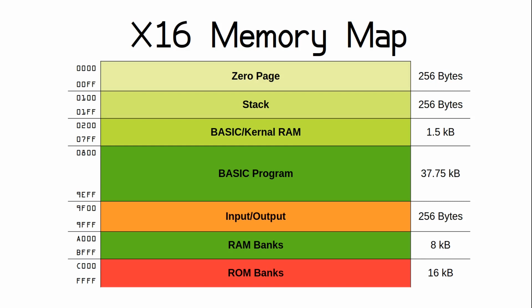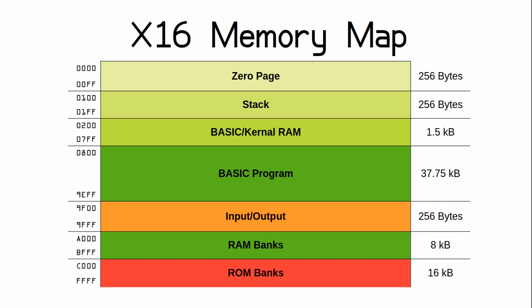But what we normally do is we put our program starting at 0801, and that's the address where the BASIC interpreter, when you say load and then run without any sort of extra arguments other than the file name of the program for load, that's where it's going to put it.